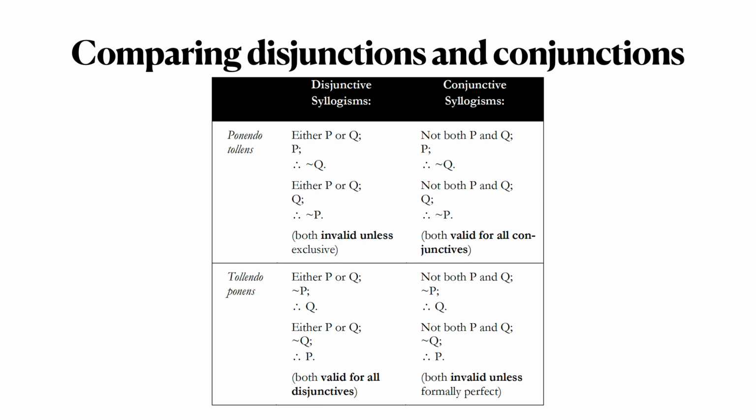But meanwhile, over on the conjunctive side, the exact same format, except for the use of a conjunctive major premise, is going to mean that ponendo tollens is valid for all, but tollendo ponens is normally invalid unless you've got something that is formally perfect. So mirror images here.